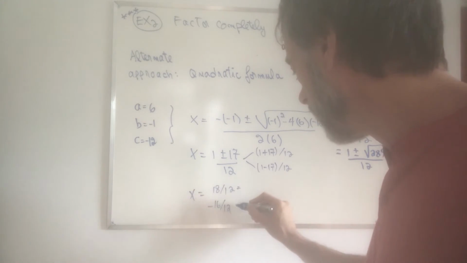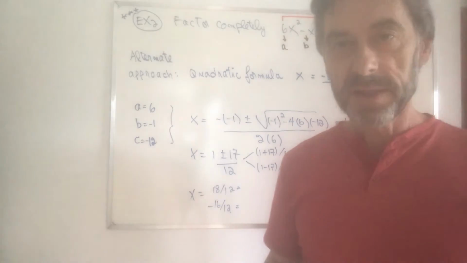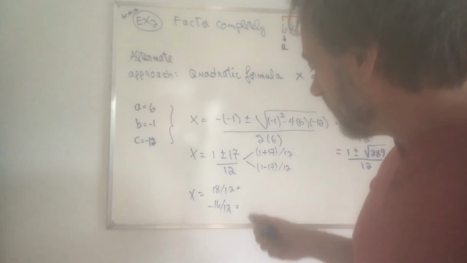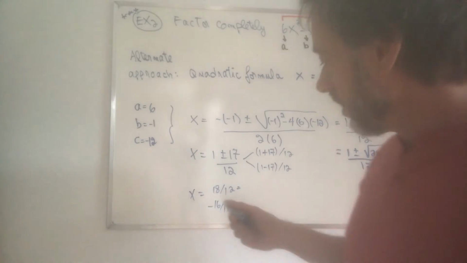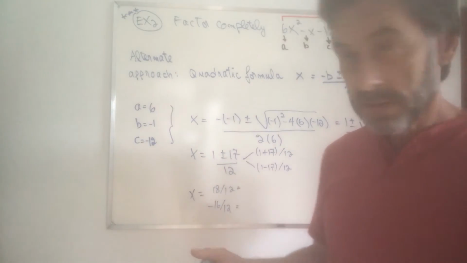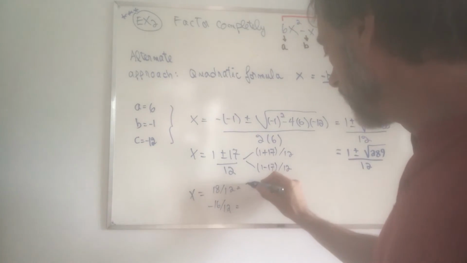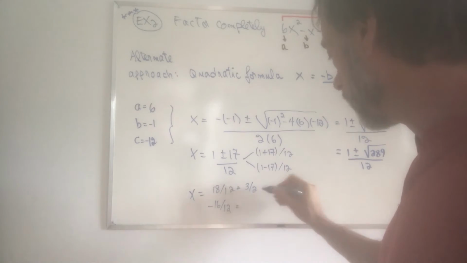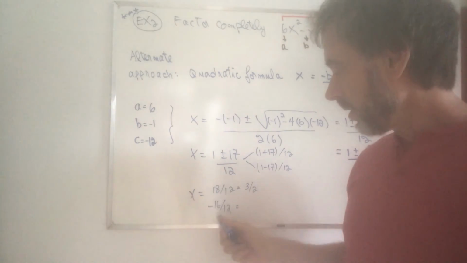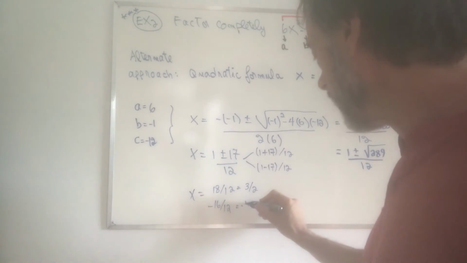That can probably be simplified a little bit. What's common to 18 and 12? I do believe that 3 goes into these. Actually 6 goes into that. That can be reduced to 3 over 2. And here this is minus 4 over 3.